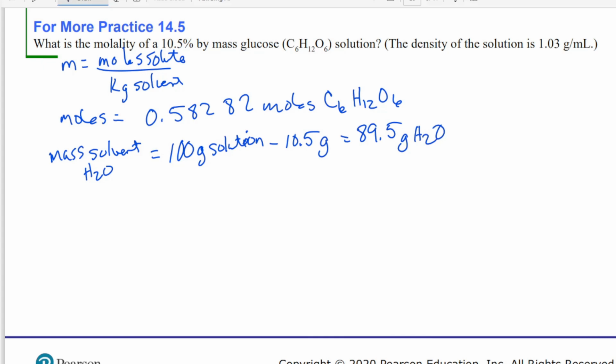Okay, well, we just need to convert that to kilograms to get our molality, because we need that in kilograms. 1,000 grams is 1 kilogram, and that's equal to 0.0895 kilograms of water. Okay, now let me move that over so we can see it.